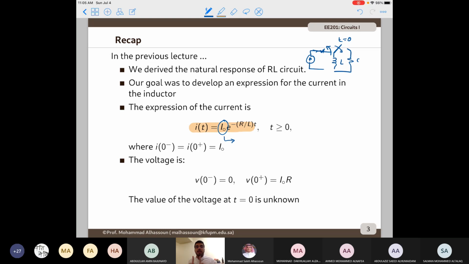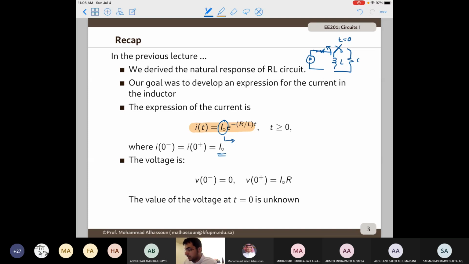And remember, the current passing through an inductor cannot change instantaneously, meaning that at t equals 0 negative, which means immediately just before opening or closing the switch, the current should be equal to the current immediately after closing or opening the switch, and we call this one I naught, the initial current.